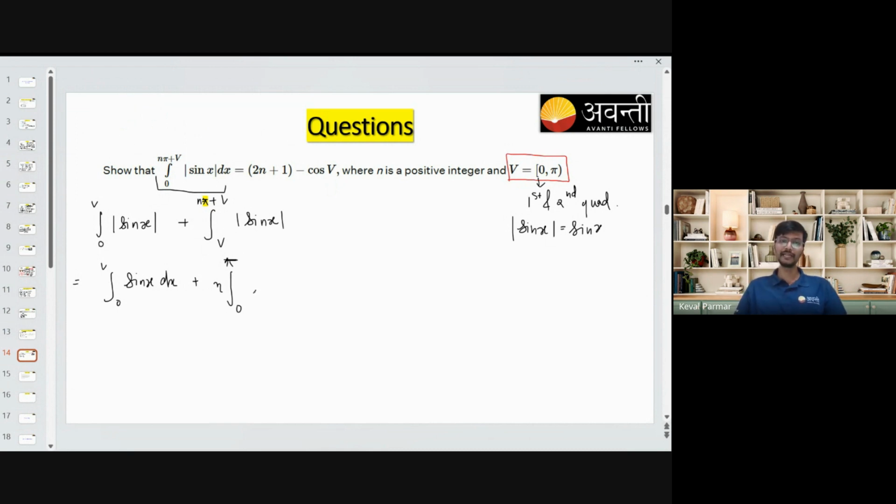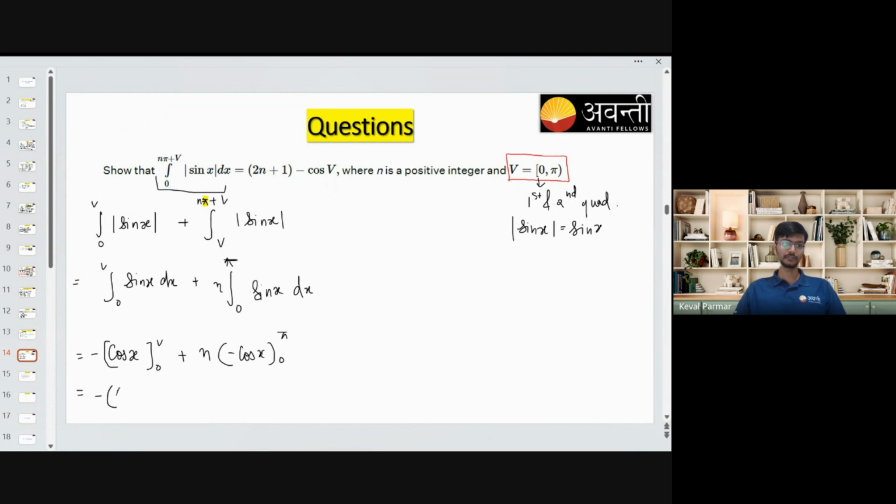That means mod of sin x will be equal to sin x. Let us integrate. The integration of sin x is minus cos x from 0 to v plus n into minus cos x from 0 to pi.